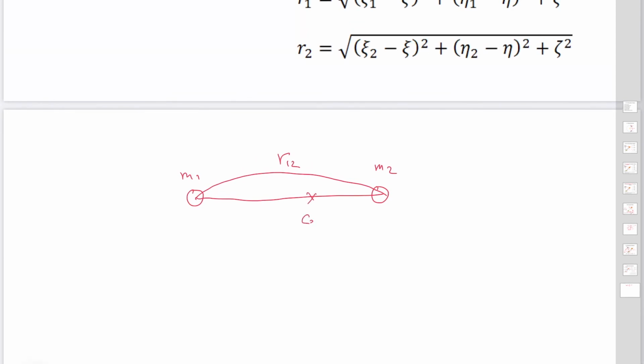This is the center of mass. So this distance is expressed as m sub 2 over (m sub 1 plus m sub 2) times r sub 1 2. And this distance is expressed as m sub 1 over (m sub 1 plus m sub 2) times r sub 1 2.